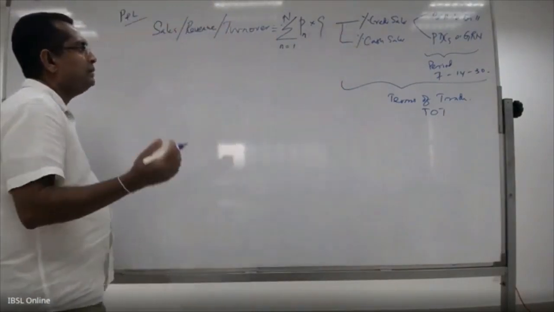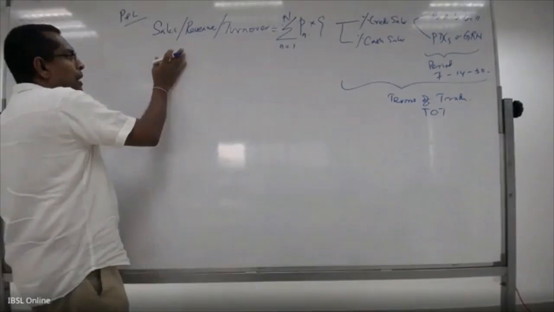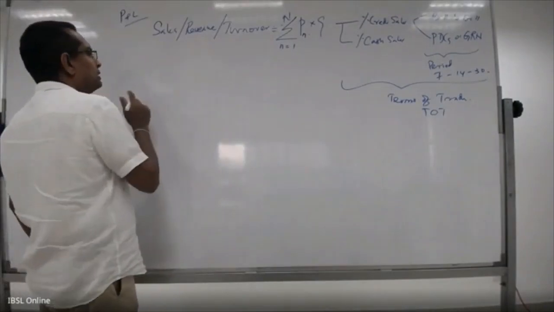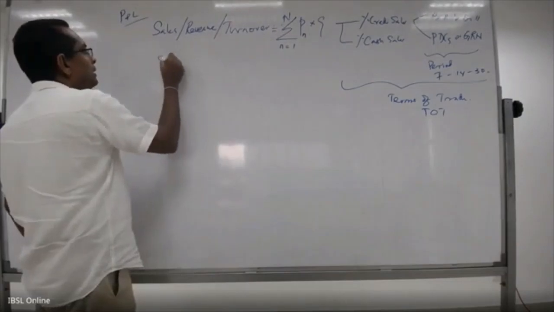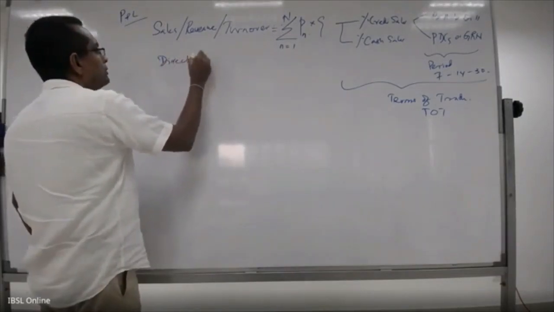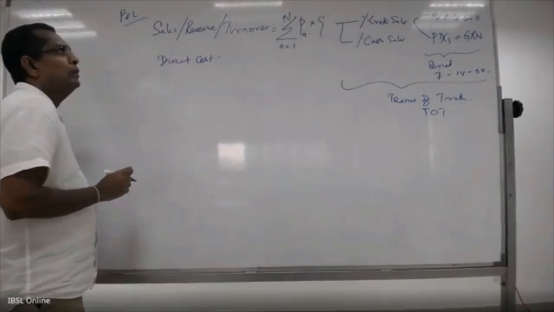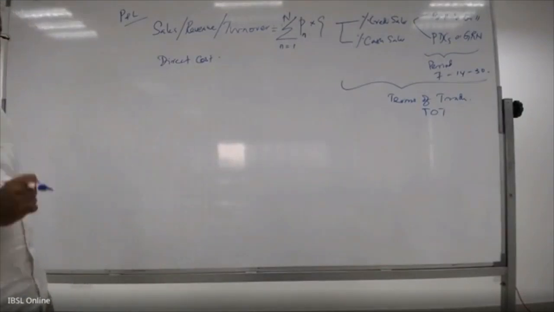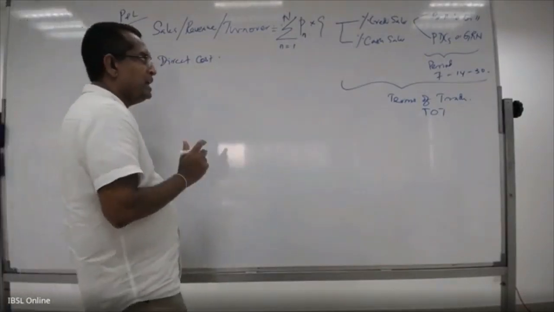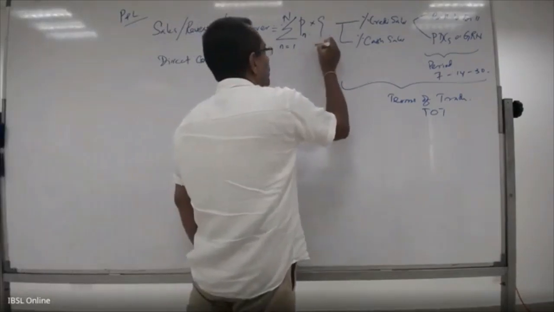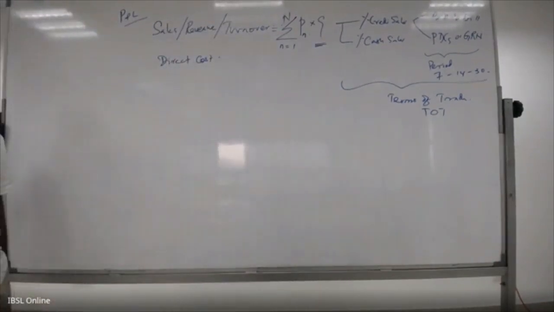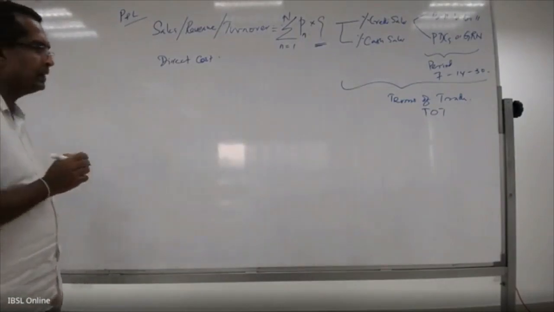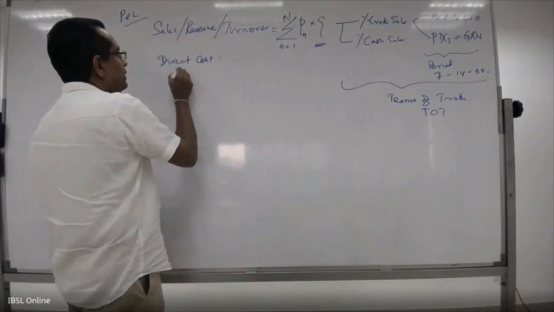Right? Then after the product sale, then you have direct cost. Right? Direct cost is the cost which will change with the quantity you sell. What are the costs we have?